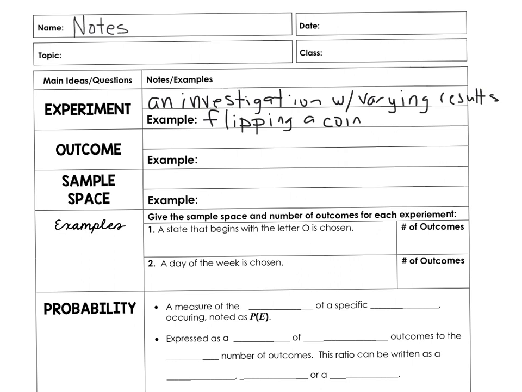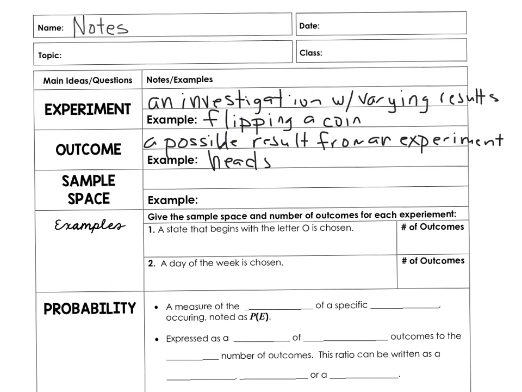So the outcomes are just a result from your experiment. So for example, if I'm flipping a coin, a possible outcome could be heads.